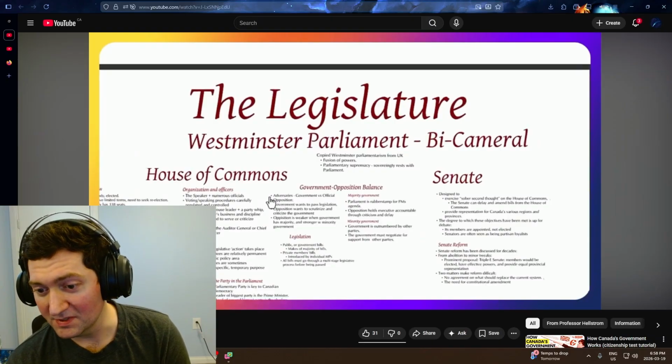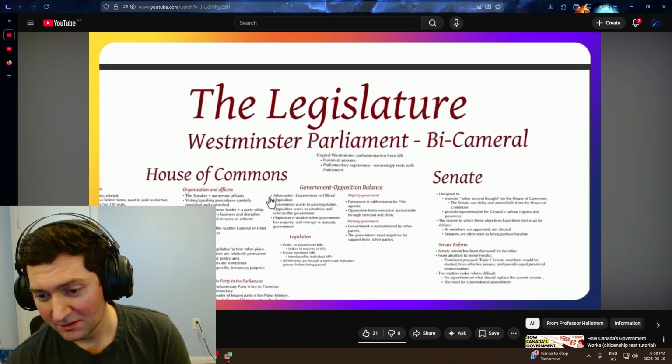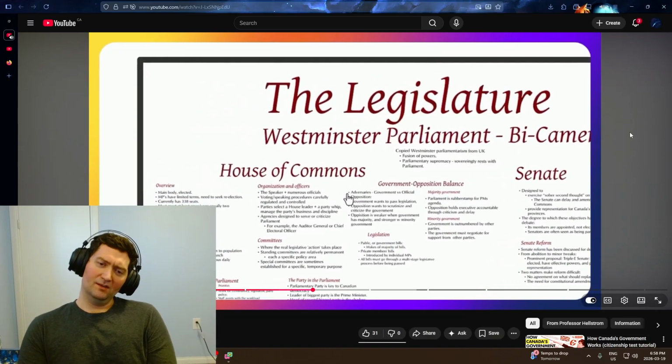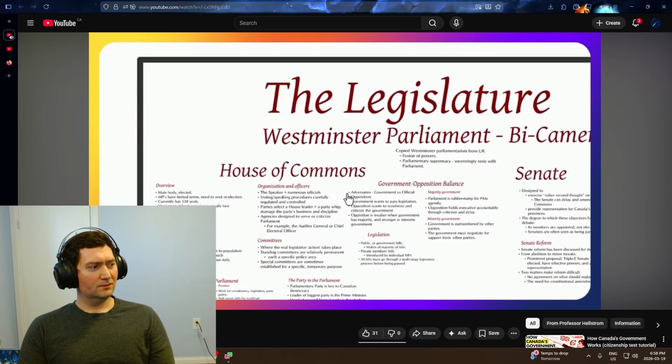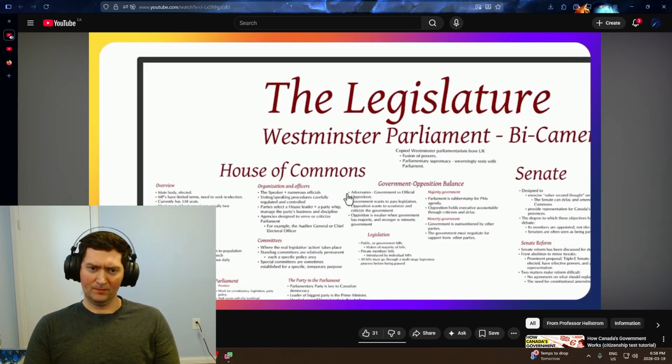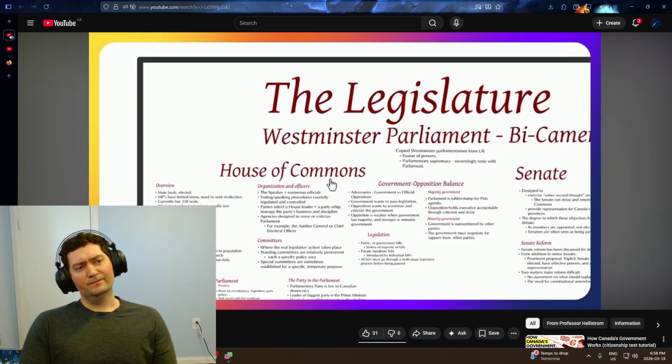Senate reform has been discussed for decades. That's the key formal body, the supreme expression of popular will within the Canadian parliamentary system. And that's important to note because when we hear discussions about how the executive works in relation to Parliament, there is the sense sometimes that Parliament is just a rubber stamp of the government, but that's only the case in majority governments.